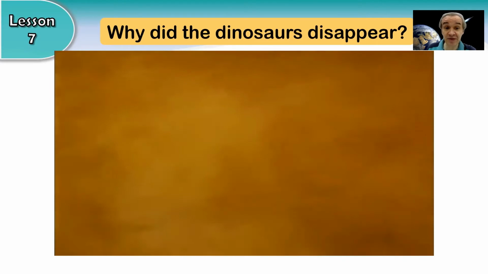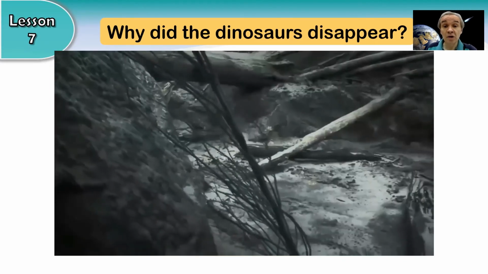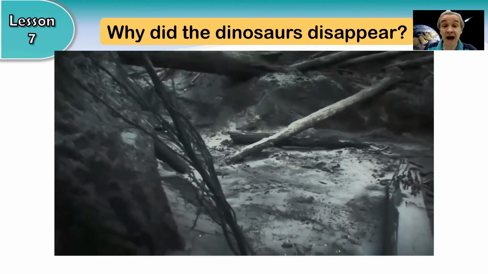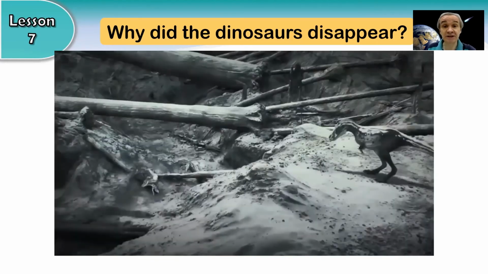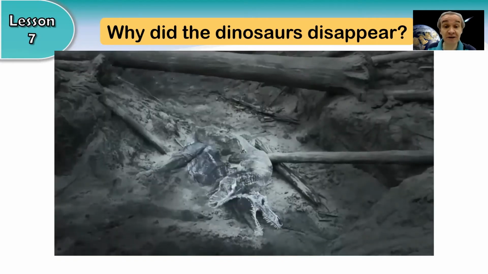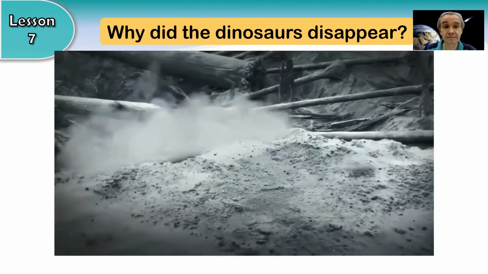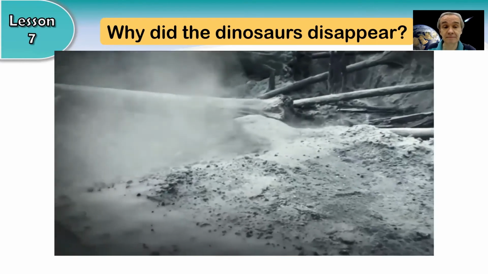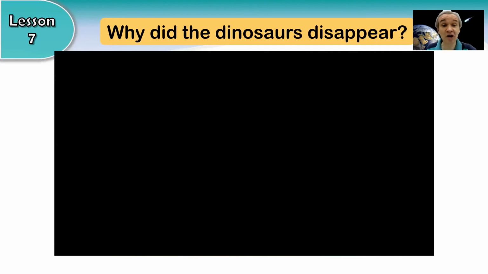After it hit the Earth, there was a huge fire which made all the food and plants disappear. The dinosaurs had nothing to eat. So the dinosaurs all died because of the asteroid which fell to Earth.